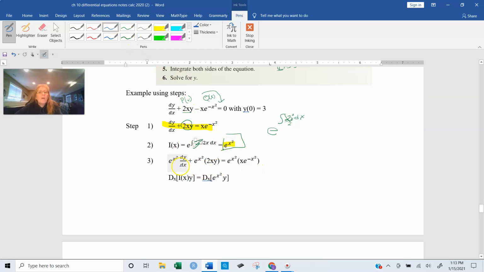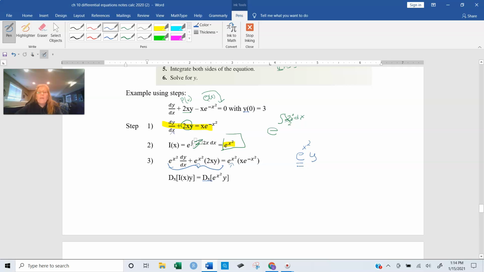So once we do that, we have e^(x squared) times the dy/dx. We have the 2xy times the e^(x squared). We have the x e to the negative x squared times e to the x squared. This side here is the derivative of e to the x squared times y. Now, let's make sure we understand that. What is this derivative?